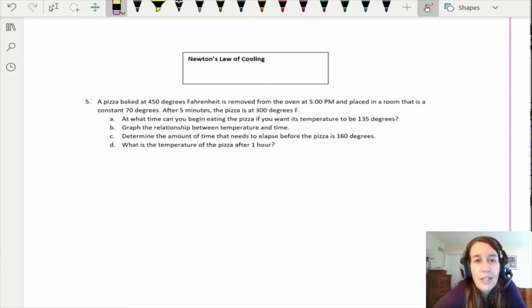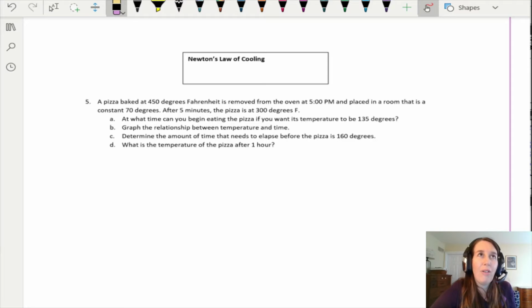It takes into account the temperature of the surrounding air, as well as the initial temperature that the object started at. And then you can find out the temperature after a certain amount of time, because the way something hot cools down is exponential decay.